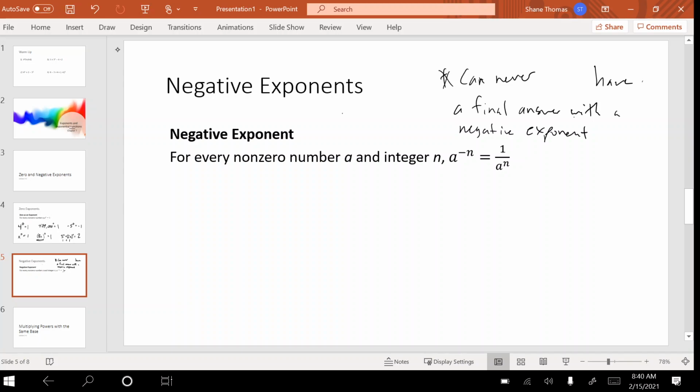For every non-zero number a and integer n, a to the negative n power is equal to 1 over a to the n. So what does that mean? If you have a negative exponent, flip it. And it changes sign.